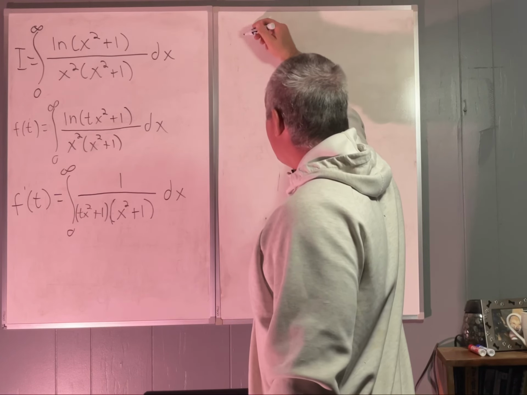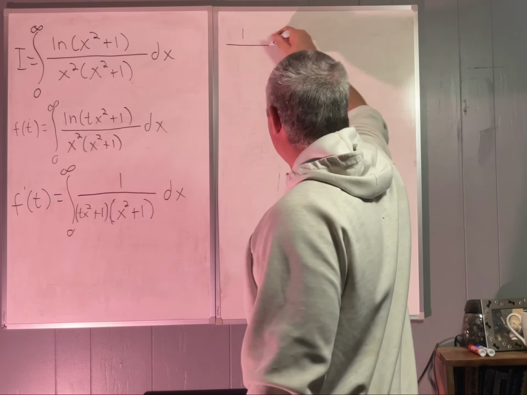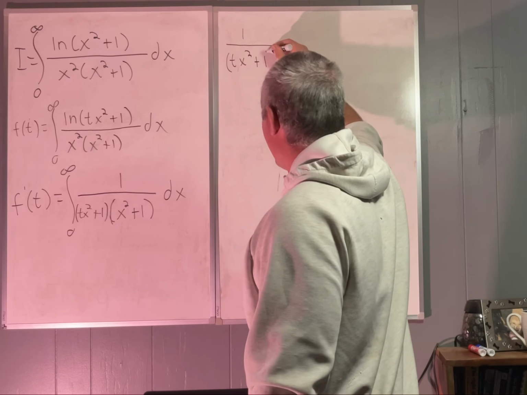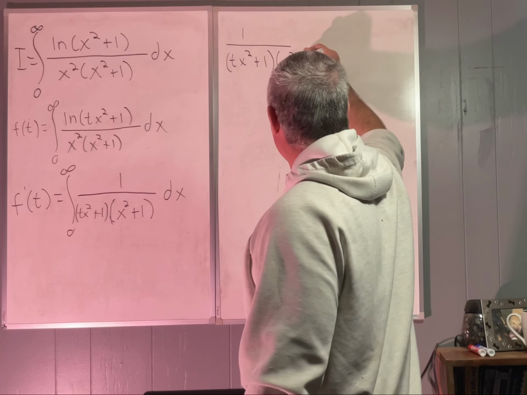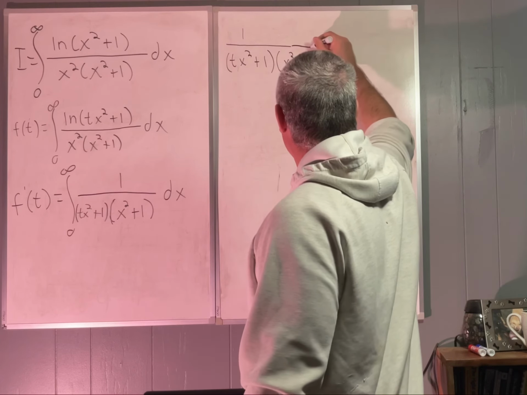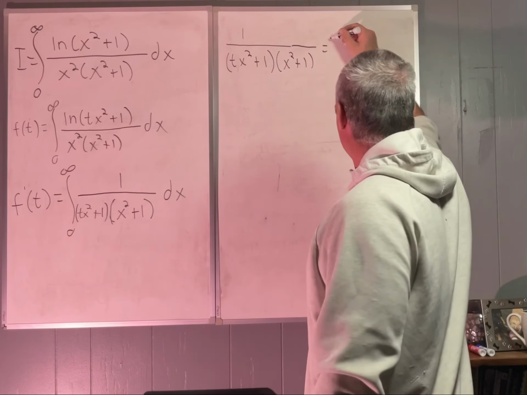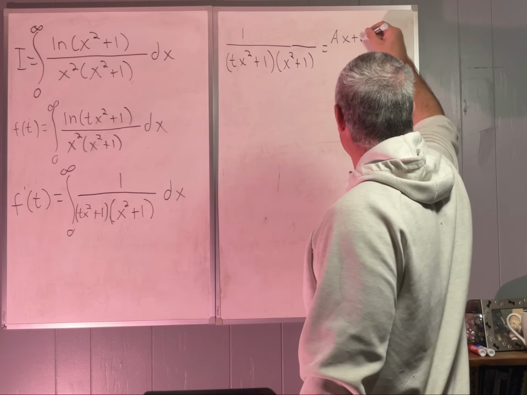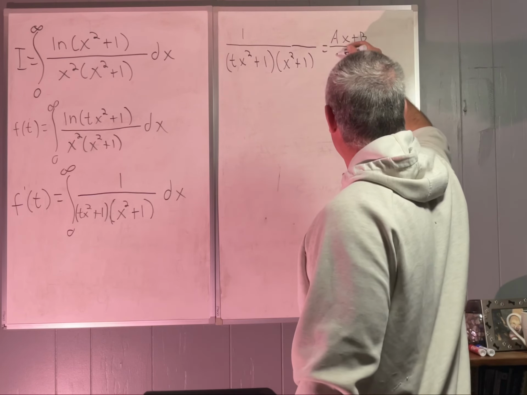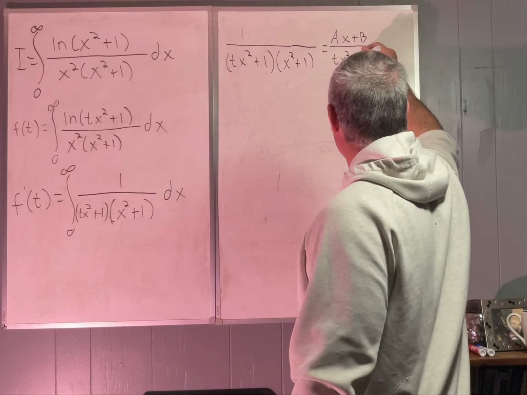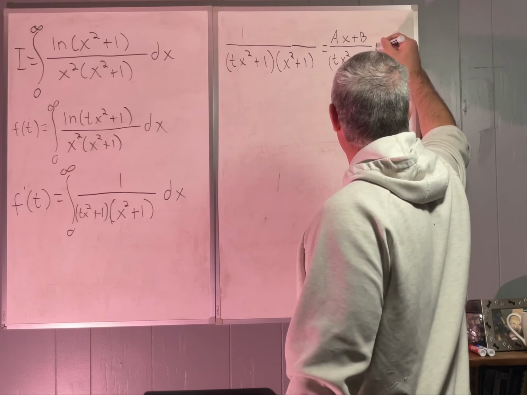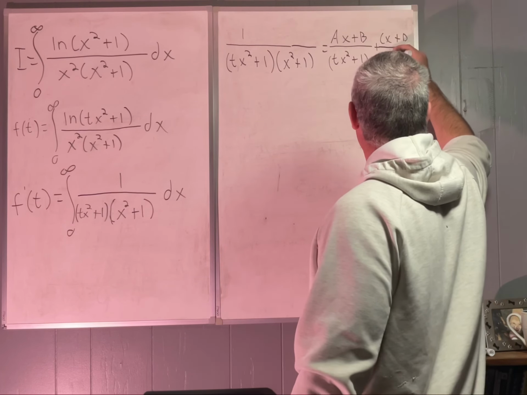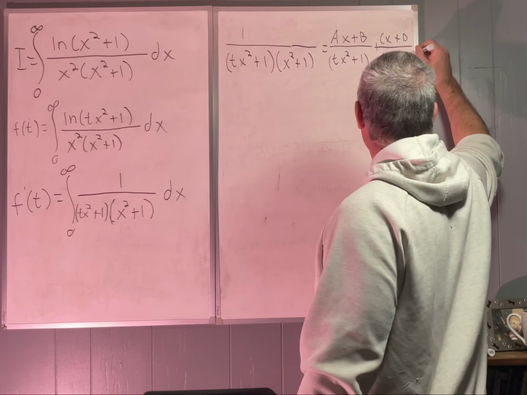We want 1 over tx squared plus 1 times x squared plus 1 to be equal to some constant ax plus b over tx squared plus 1, plus cx plus d over x squared plus 1.